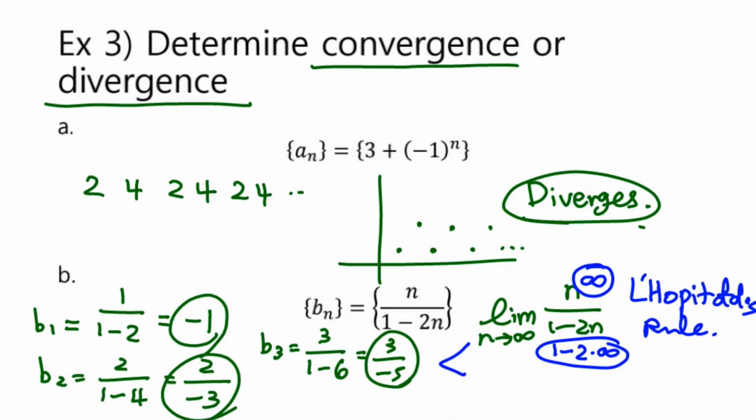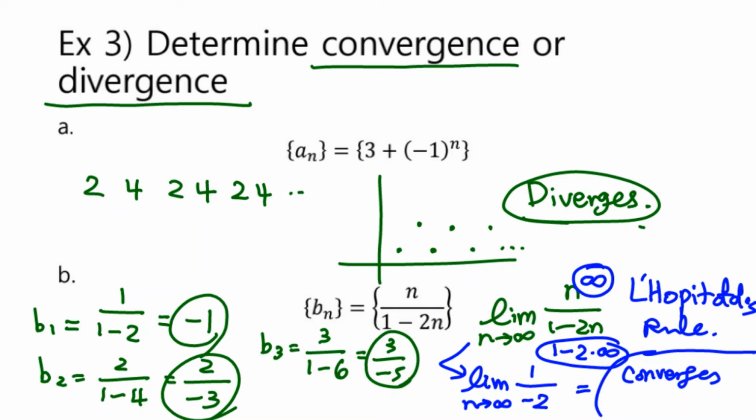So let's take the derivative of the numerator and the denominator. The derivative of n will be 1, and the derivative of 1 minus 2n is negative 2. So the answer is it converges to negative 1 over 2.